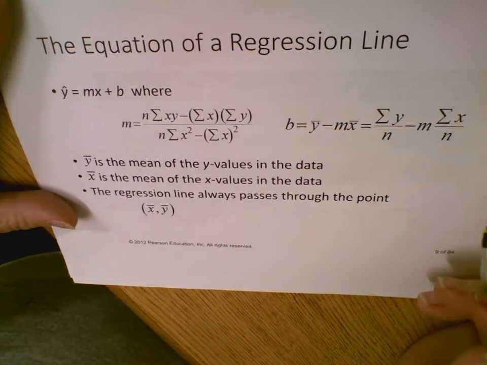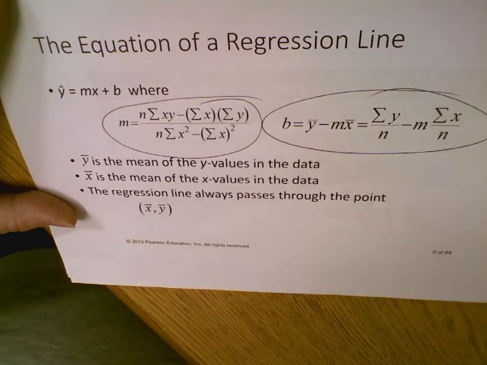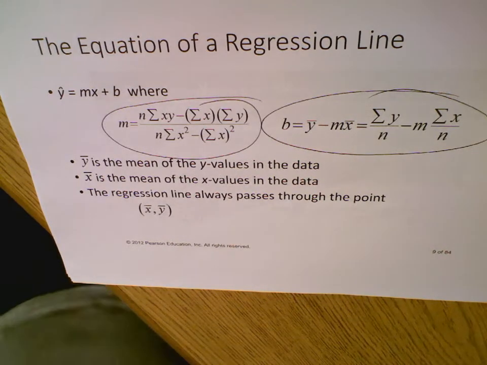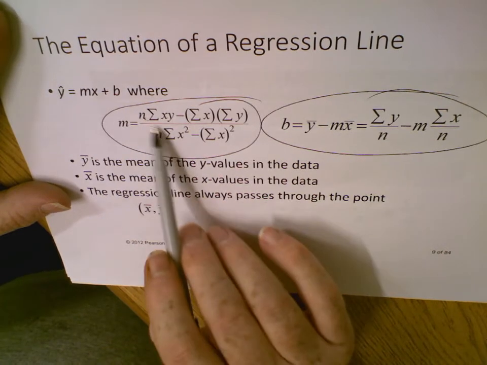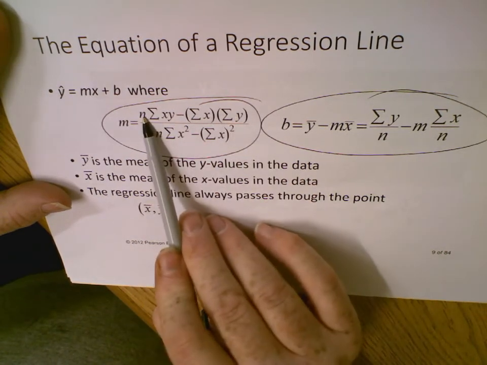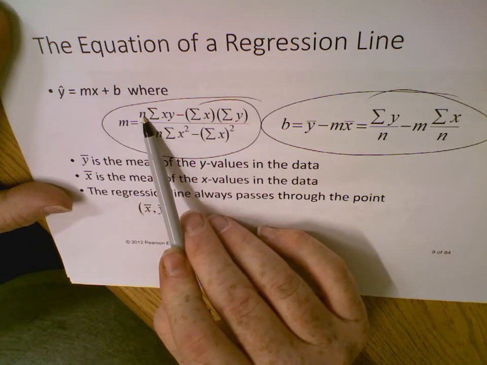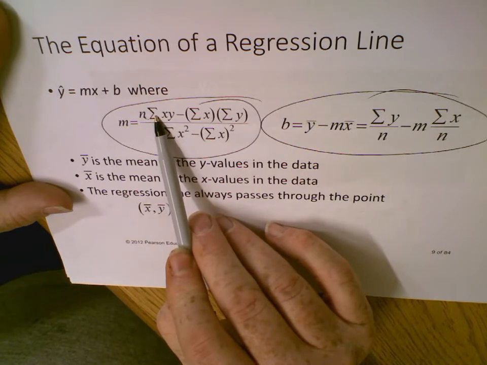To find the slope and the y-intercept, we use these two formulas. They look sort of difficult, but you just have to remember what each thing stands for. N is the number of entries in your sample. That symbol is your summation symbol.